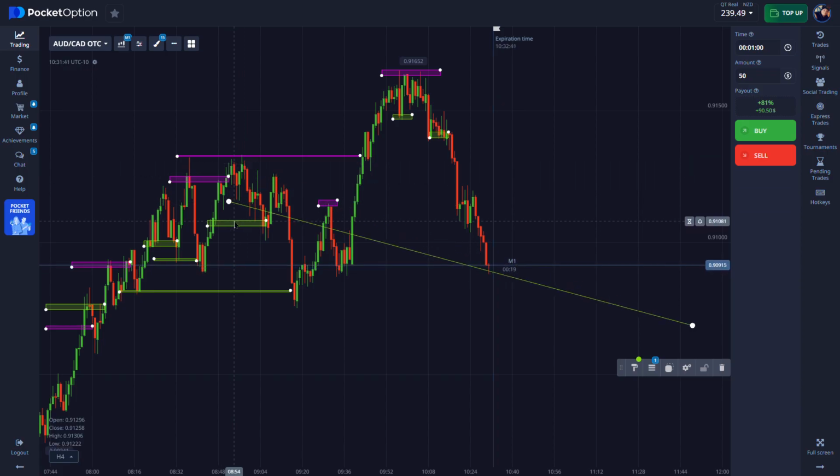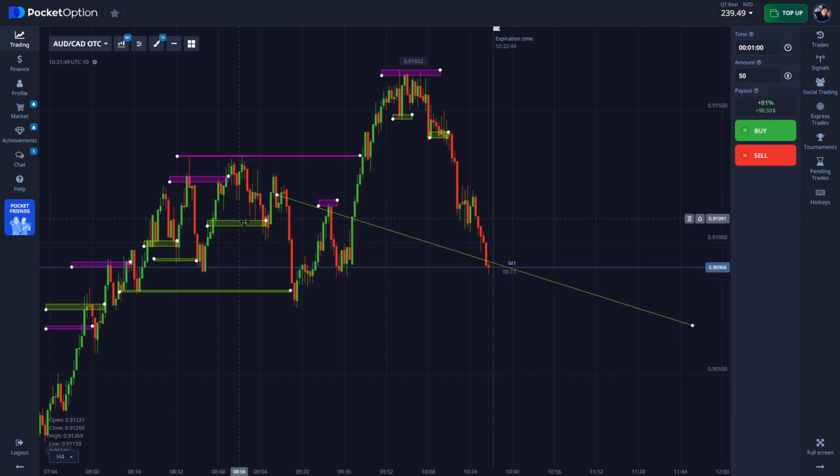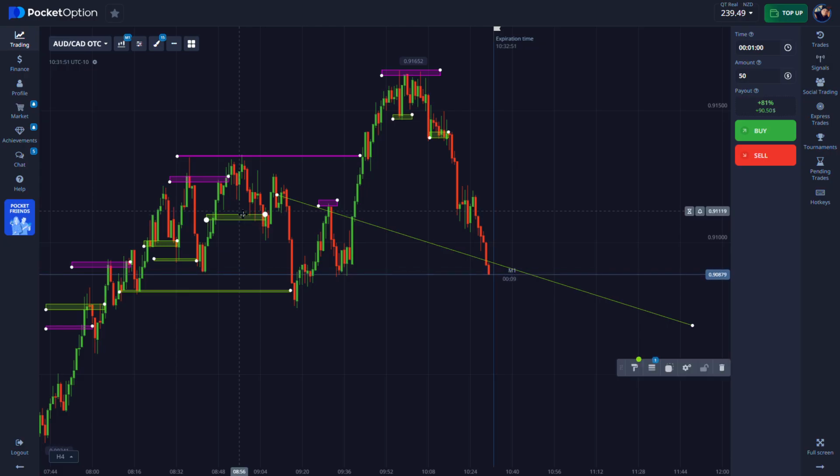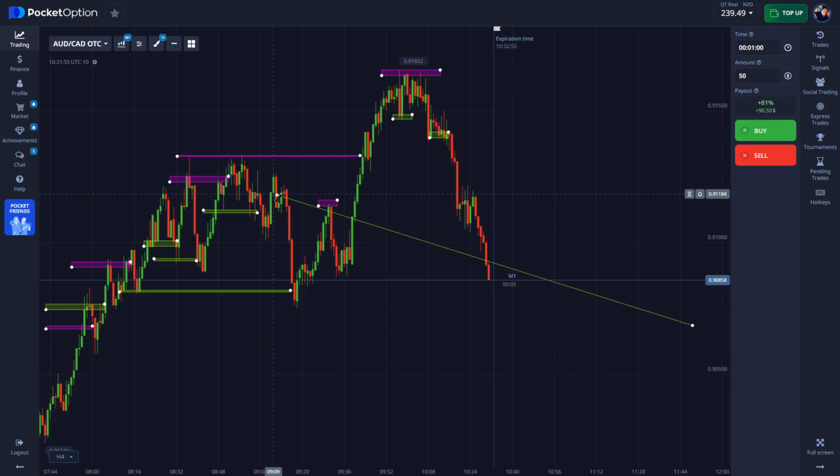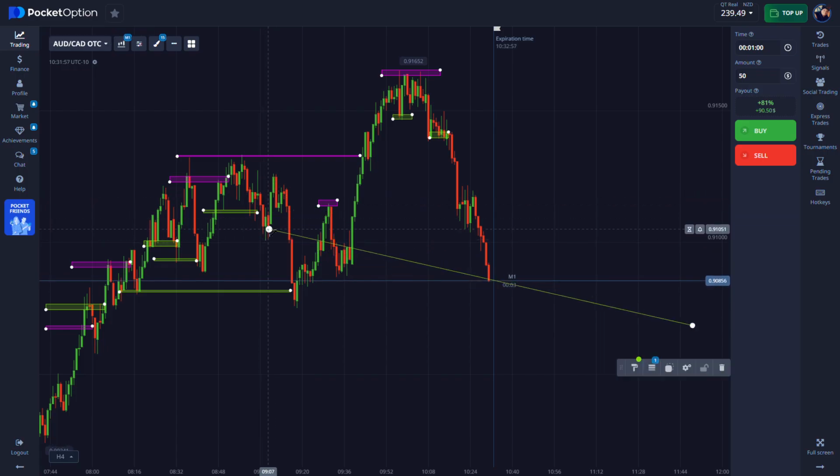Buyers would have come in here, all along here. Taking out the buyers, consolidating.